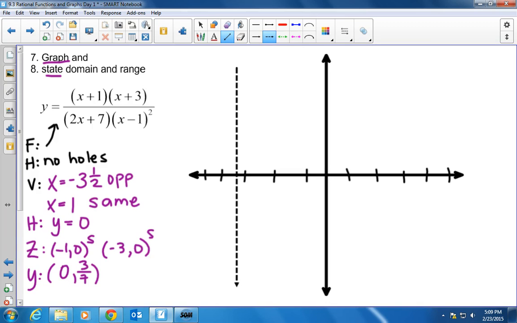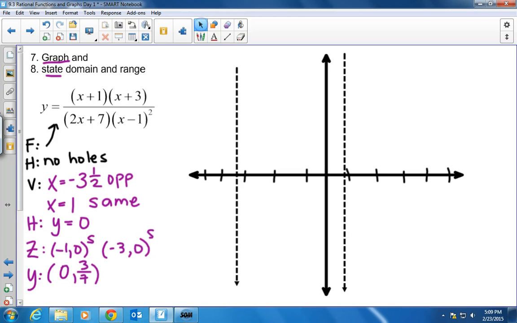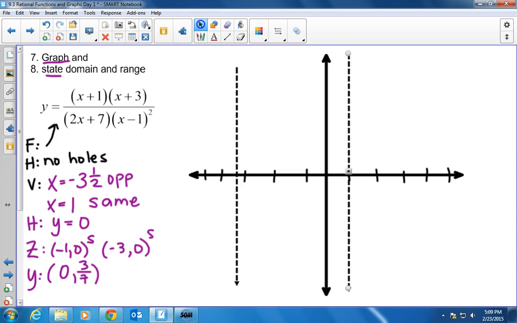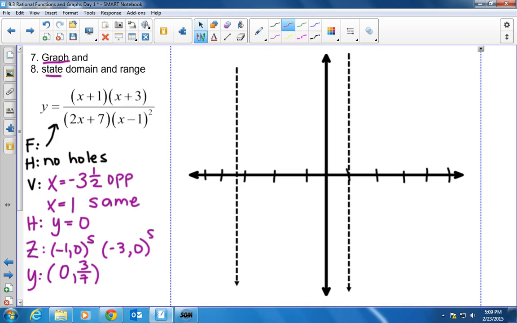So this right here is going to be my vertical asymptote, which is at negative 3.5. I also have a vertical asymptote at a positive 1. So I'm going to put this here, scoot it over a little bit so it's right on the 1. But remember that we also need to label the behavior of the graph.